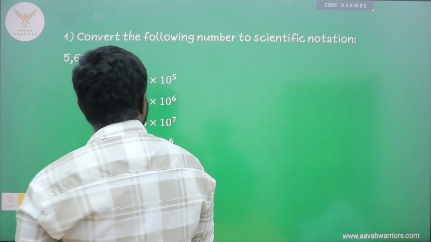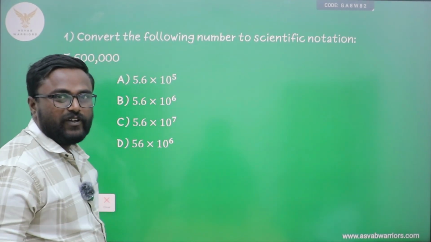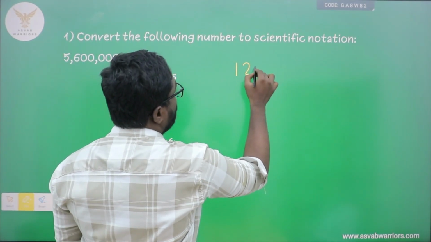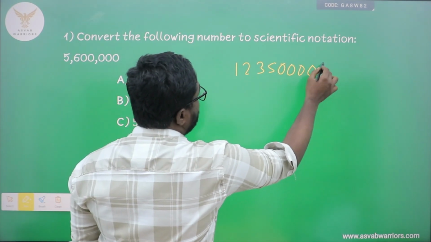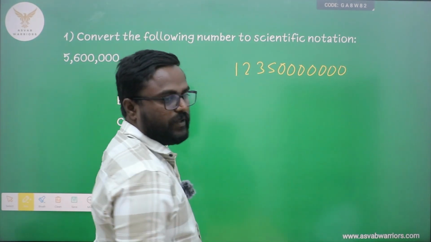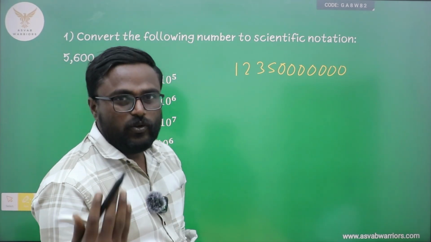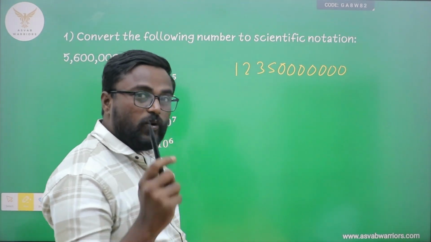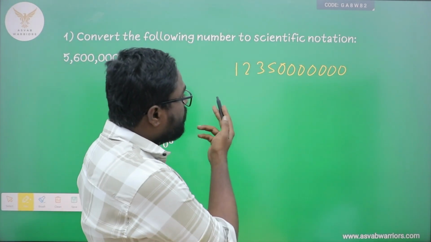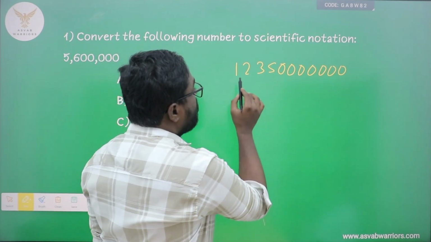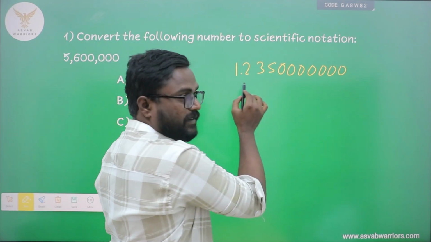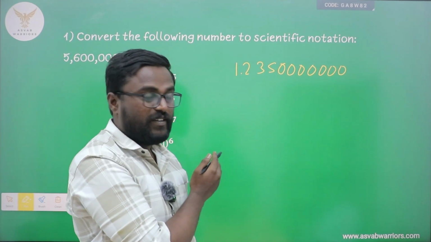Now if I want you to write the scientific notation of this number over here, let me take 1, 2, 3, 5, 0, 0, 0, 0, 0, 0, 0. If I want you to write scientific notation for this particular number, what do we know? We have to put one number to the left of the decimal.